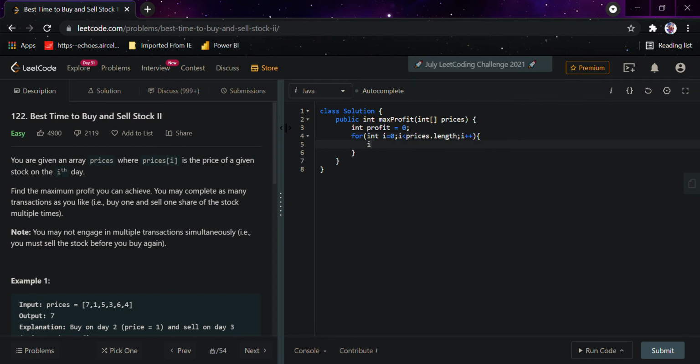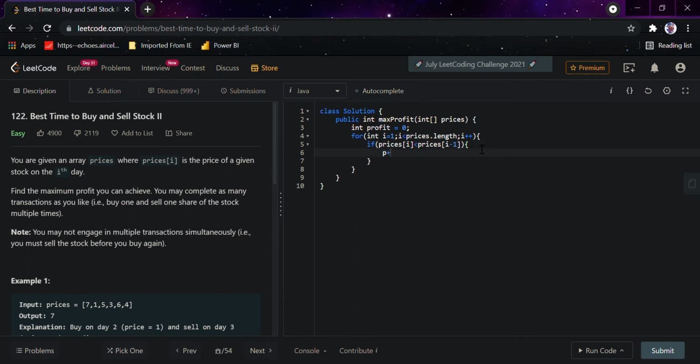And if we see that prices[i] is greater than prices[i minus 1], we would start from 1 because we don't want that exceptional case to be a problem for us. Then profit plus equals the difference, that is prices[i] minus prices[i minus 1].